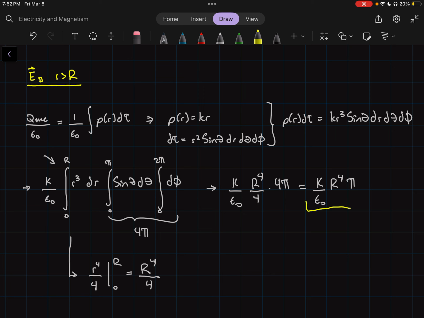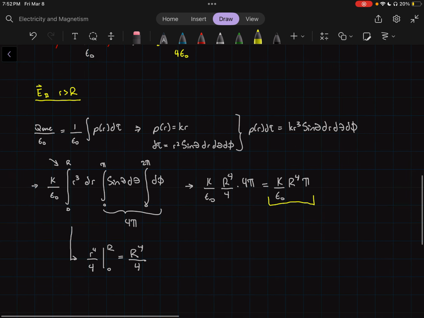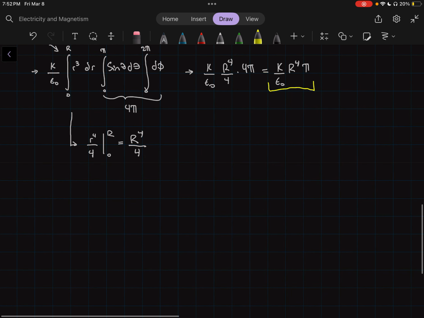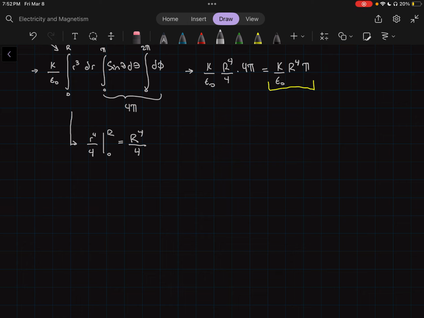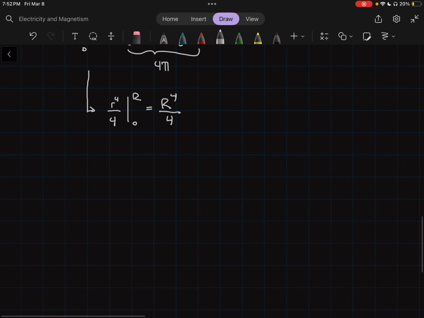Now we'll just go ahead and do the same thing that we did with the last one and equate it to the left-hand side of Gauss's law. So we can say E 4 pi r squared is equal to k over epsilon naught r to the fourth pi.